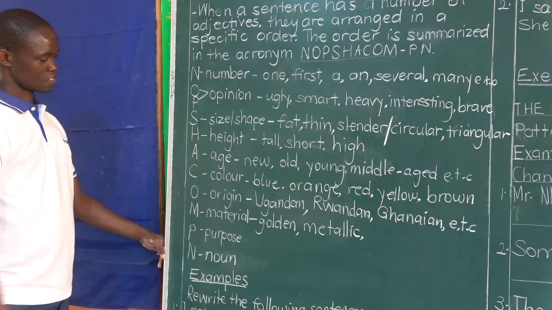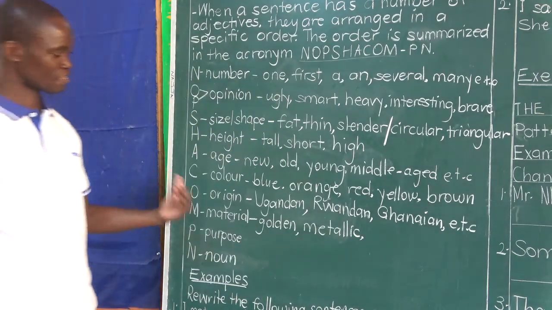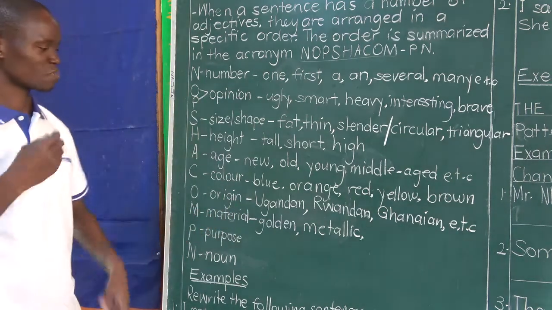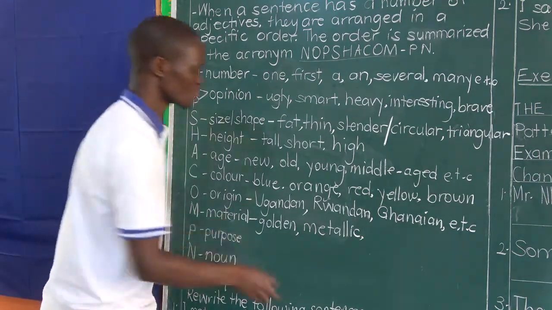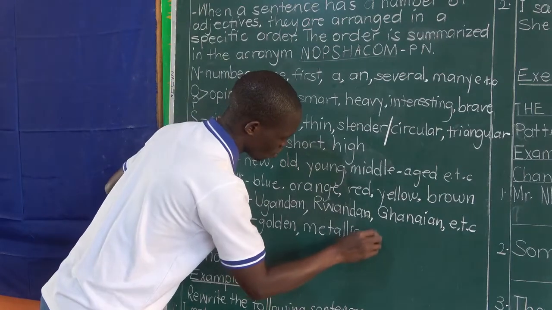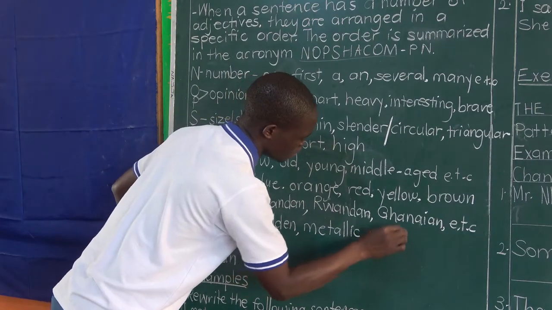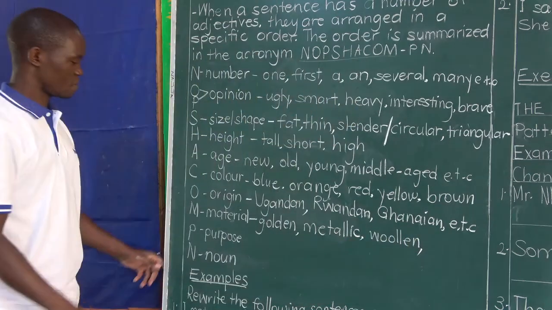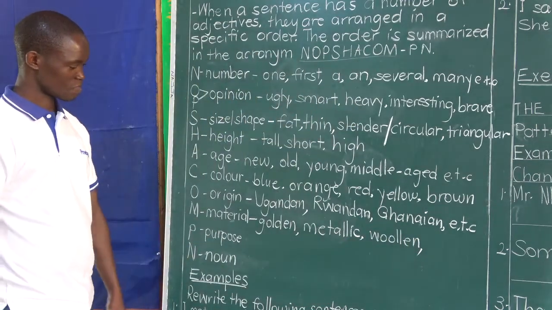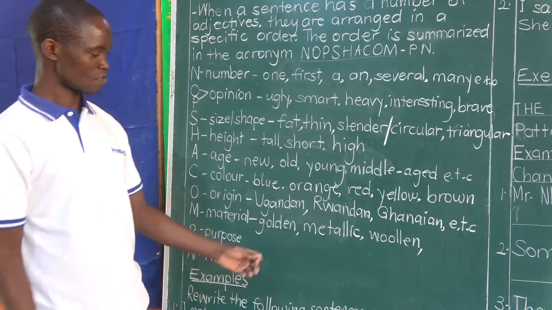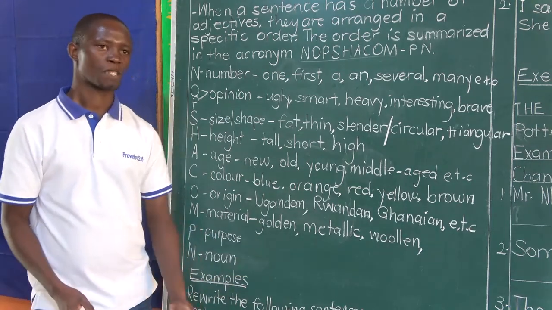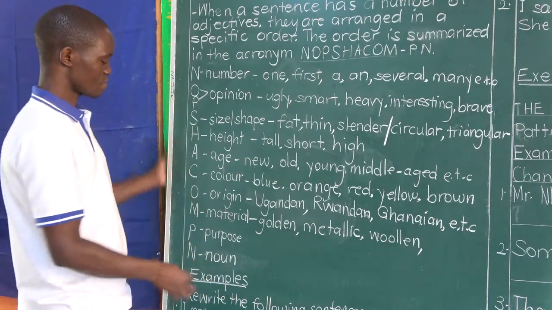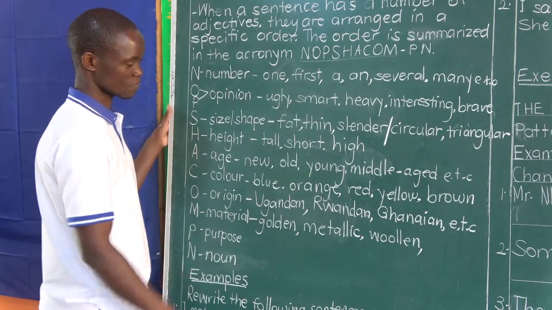Metallic. Think of a blanket used at home. If it was made out of wool, then we describe it as woollen, W-O-L-L-E-N, and that is the British spelling of woollen. Which other adjectives of material can you think of? Think of a dress you wear, and that dress was made out of silk.